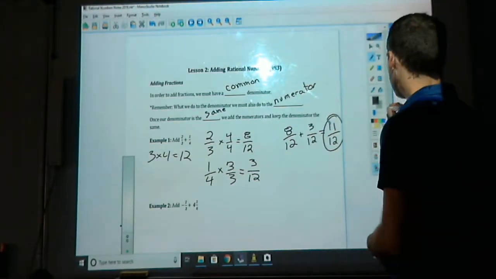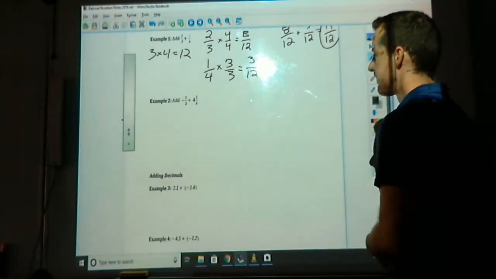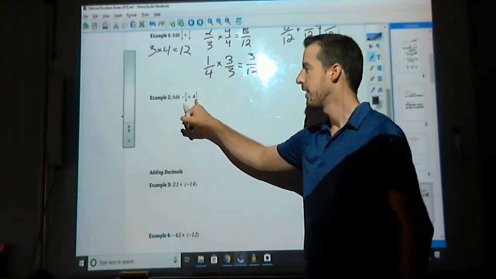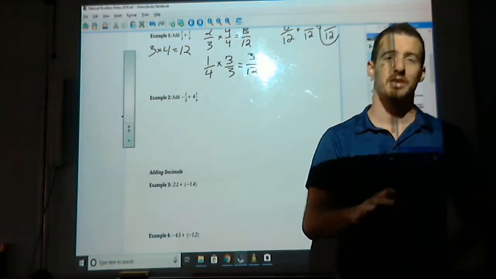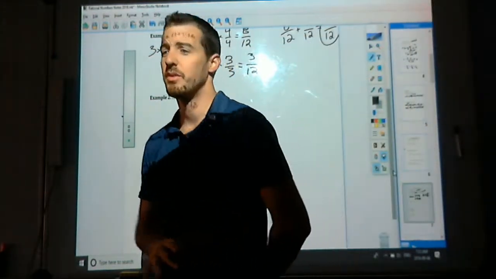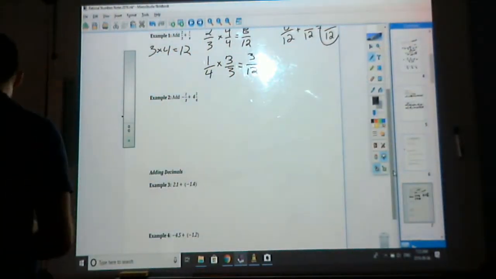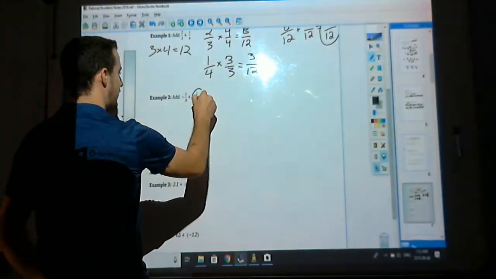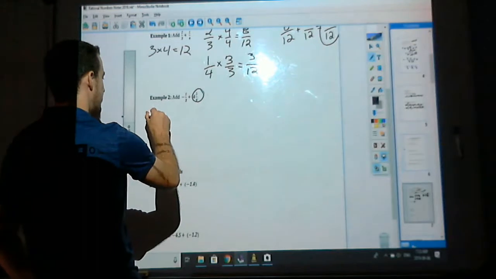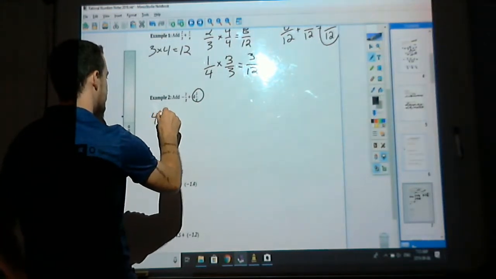All right, let's do another example, guys. Now we have a negative and a mixed number, so things get a little more complicated, but it's definitely within your skill set to be able to do this, especially with an example to go off of. The first thing we're going to do is take our mixed fraction here and change it into an improper fraction.